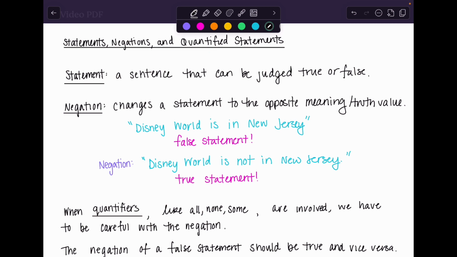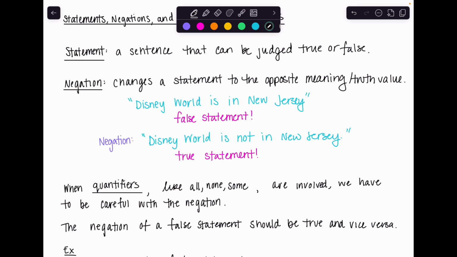So when quantifiers, like the phrases all, none, some, are involved in your statement, the negation is a little bit trickier. So the number one thing you want to keep in mind is the negation of a false statement should be true. And also, if you start with a true statement, its negation should be false.